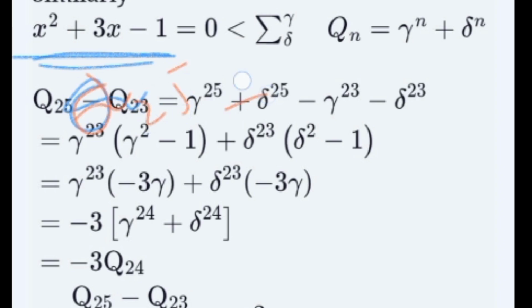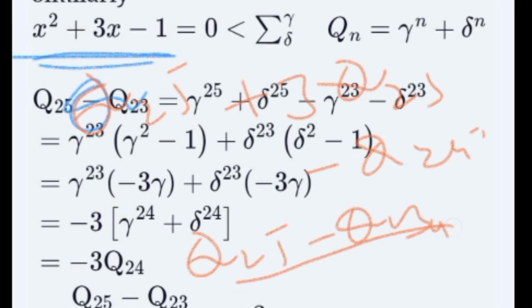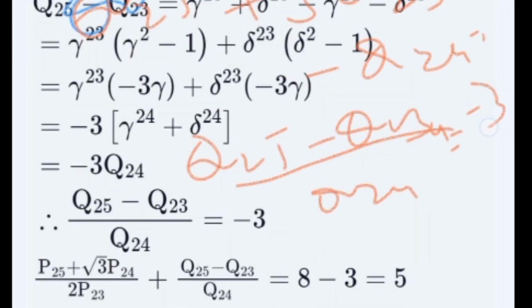Now Q25 plus 3 Q24 minus Q23 is equal to 0. Now Q25 minus Q23 by Q24 is equal to minus 3.